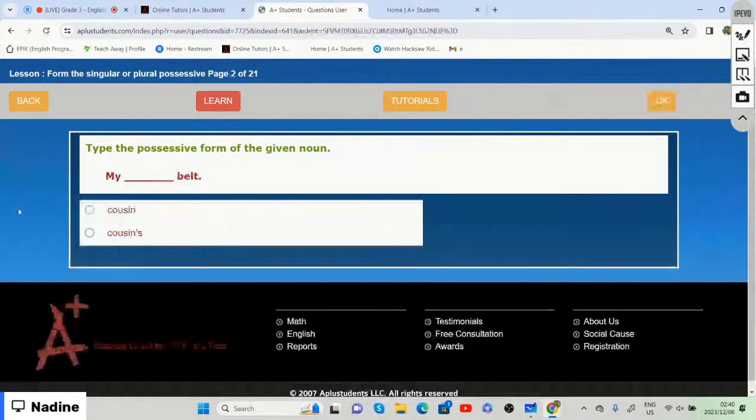All right. My belt, is it my cousin belt or my cousin's belt? What is the correct possessive form?